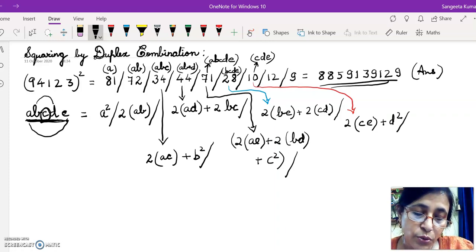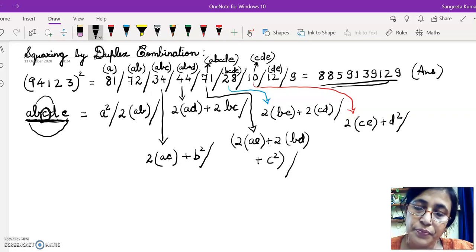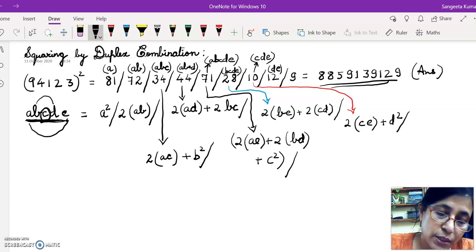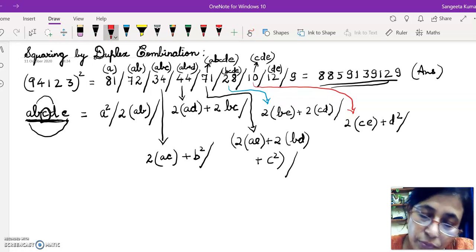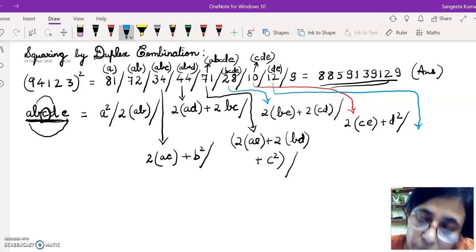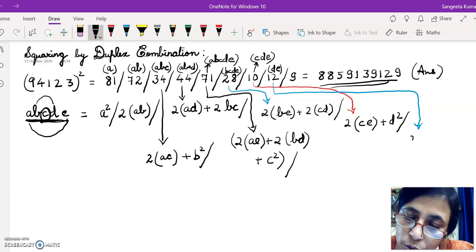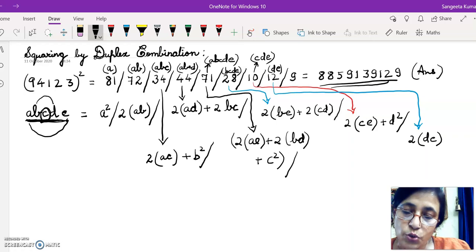Now we will move on to the next last 2 digits, that is 2 and 3, that is D and E. So this 12 is D and E taken together. And the formula used here is, again, I'll take twice of D into E, which will fetch 12.